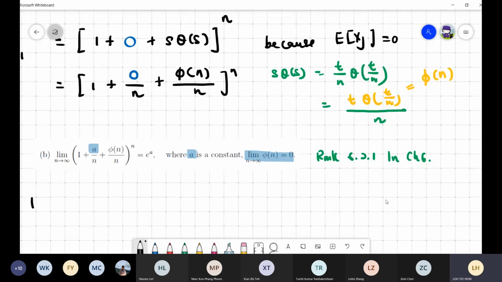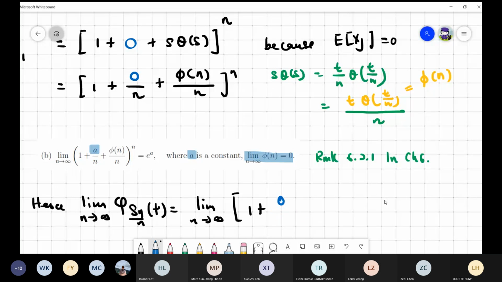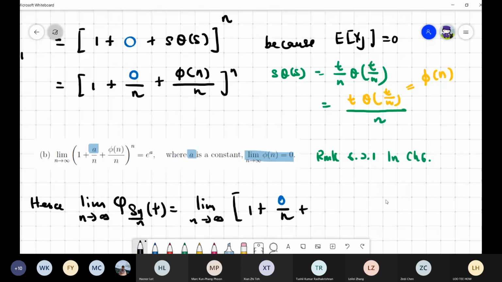So we have this limit as n goes to infinity of phi_{S_n/n}(t), which is equal to the limit as n goes to infinity of 1 plus 0 over n plus the error term, so that is equal to e to the power of 0.